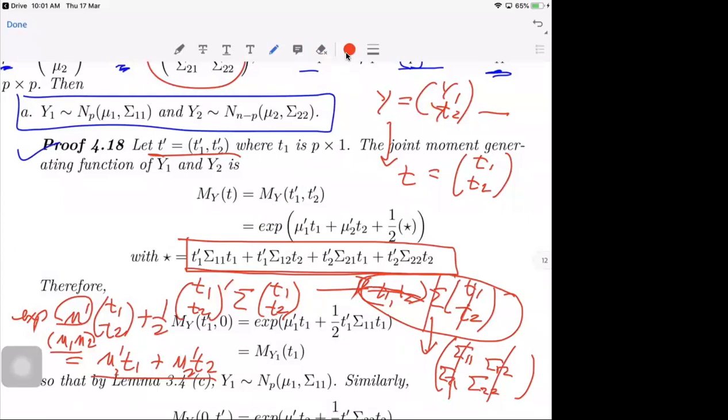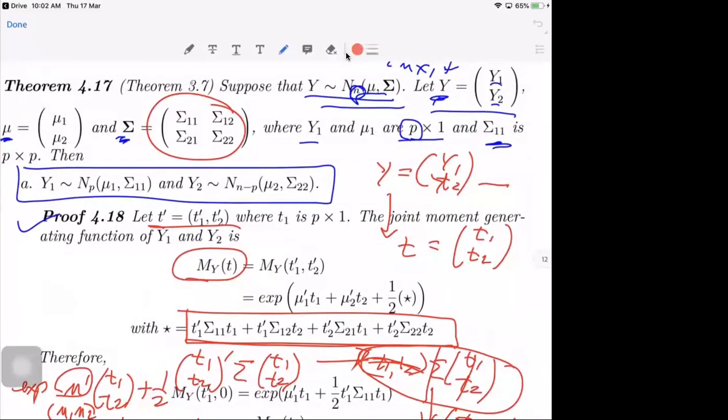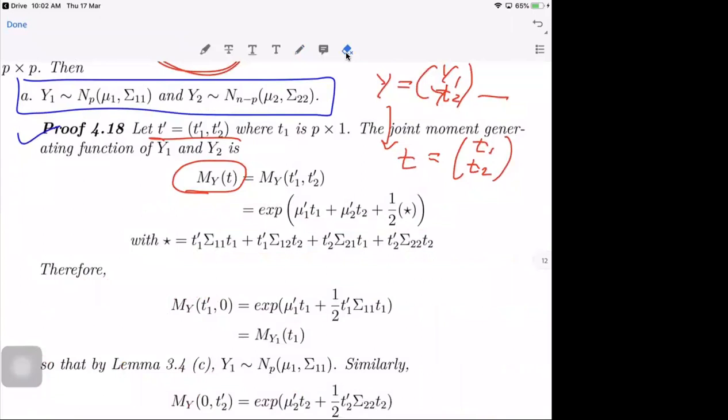So the moment generating function of y, when we partition t as t1, t2, partition mu as mu1, mu2, and rewrite your covariance matrix in this manner, you will have this moment generating function here, where star is equal to this.